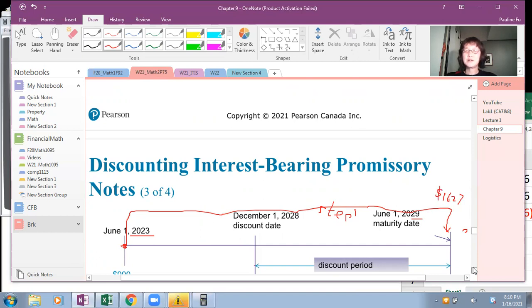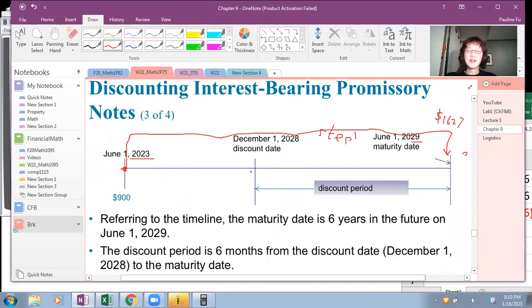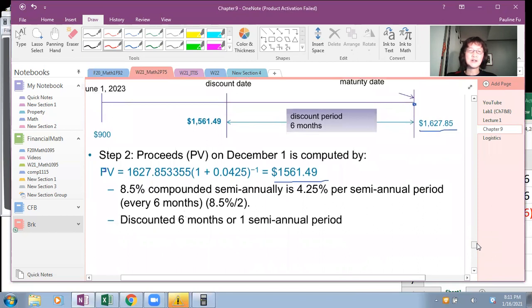Once we get this number, step two, what is the value here? We need to figure out the present value relative to this point. So we use the present value formula. Present value equals FV times (1 plus i) raised to the power negative n. There are two formats for the present value formula. One says PV equals FV over (1 plus i) raised to the power n.